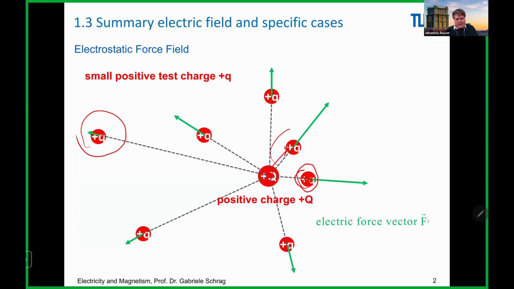And this is always, in all these instances, aligned to the distance vector. So with visualizing using Coulomb's law, you see that when you want to depict that force field, the electrostatic force field, you have a value for the force everywhere in space, and you have a value regarding the magnitude and the direction.